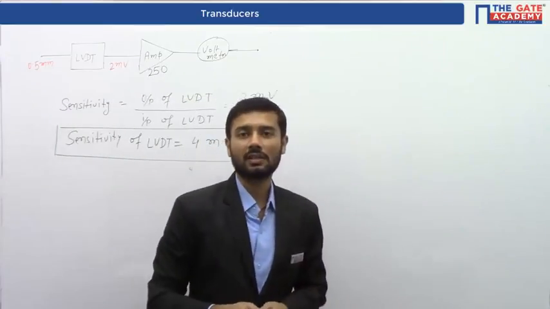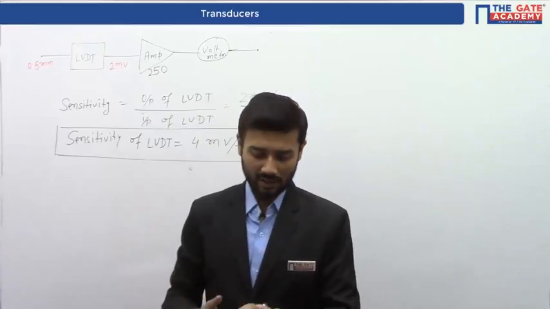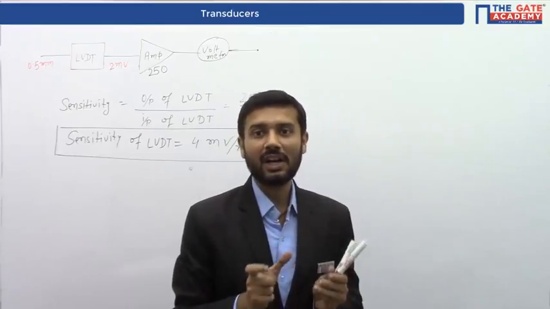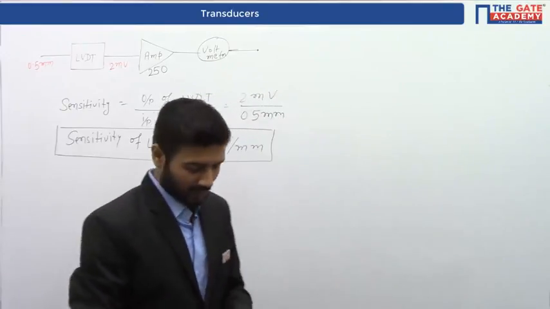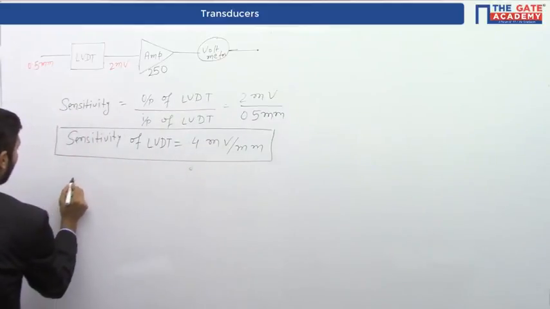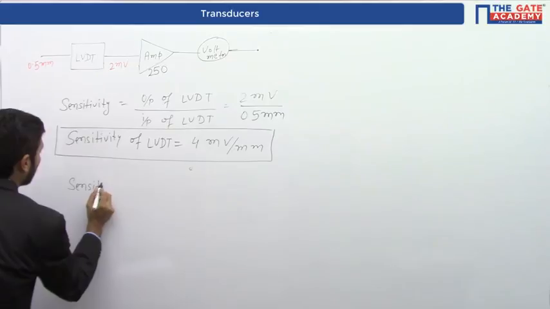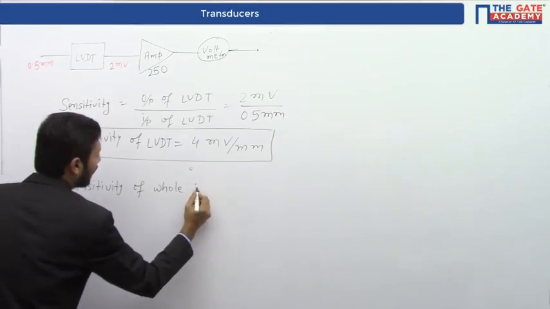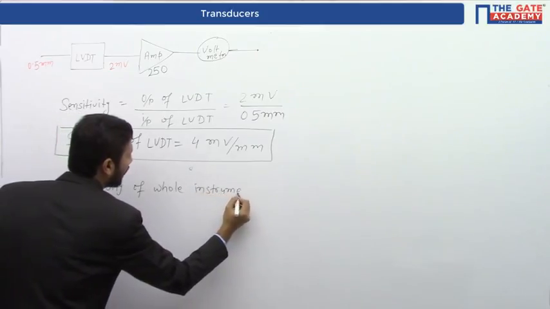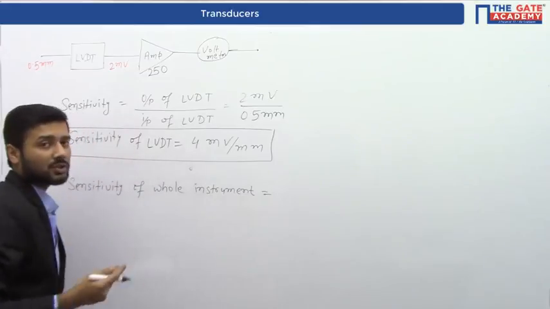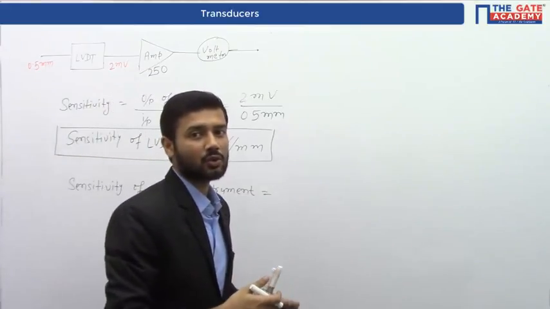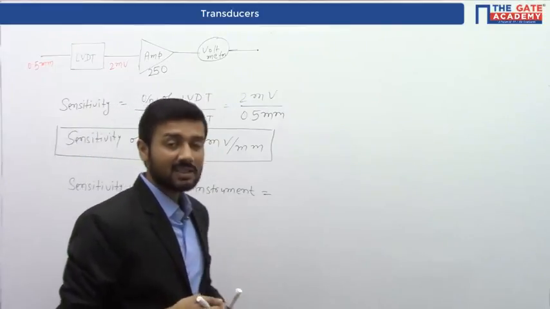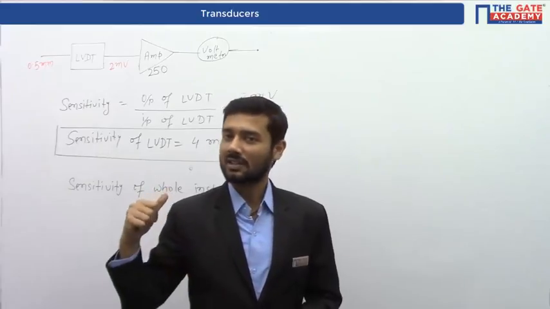Now, the second task is to find the sensitivity of the whole instrument, and we know that the sensitivity of the whole instrument is the multiplication of the individual sensitivities of the instruments. So the sensitivity of the whole instrument equals the sensitivity of the LVDT times the sensitivity of the amplifier, and the sensitivity of the amplifier is nothing but the amplification given.